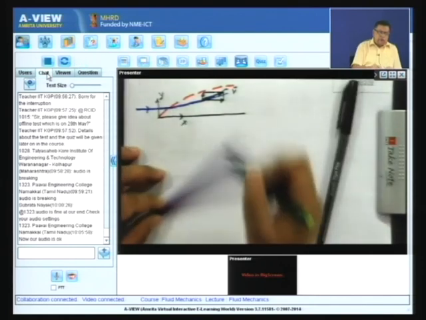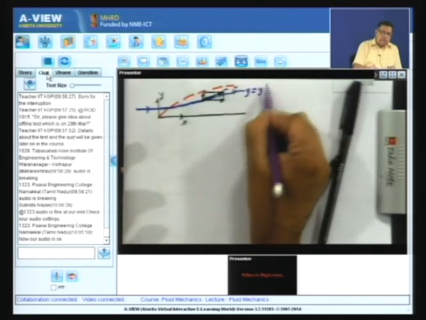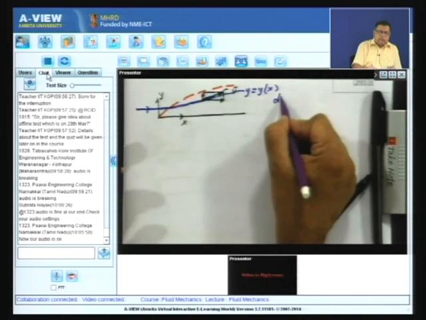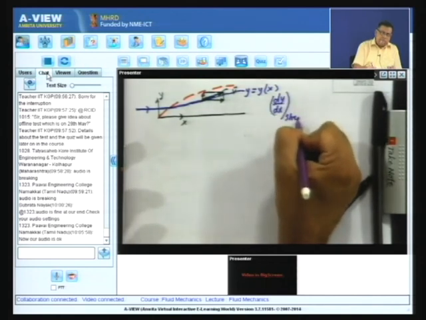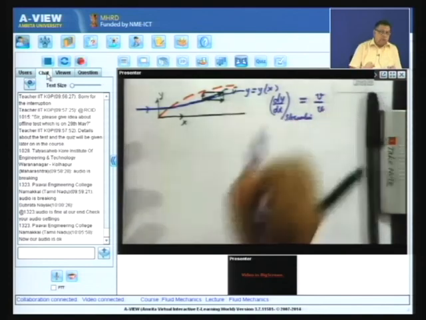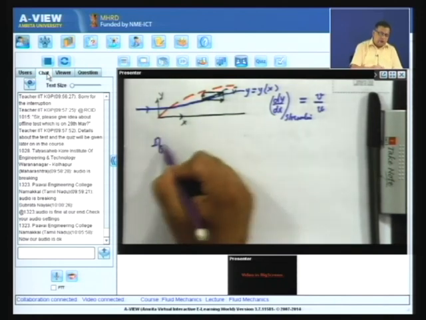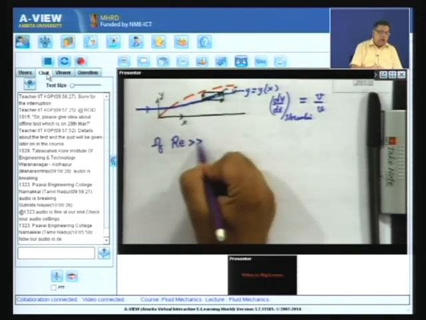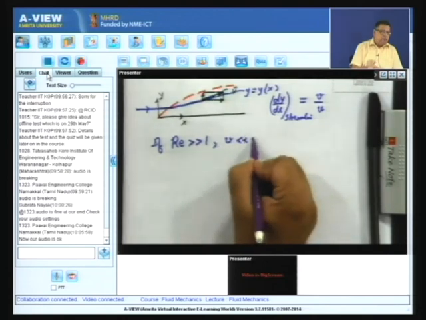Now, if I say this is x and this is y, and if I say the equation of this streamline is y equal to y of x, then dy/dx for the streamline you know is V by u. We will show that if the Reynolds number is much greater than 1, then V is much less than u.